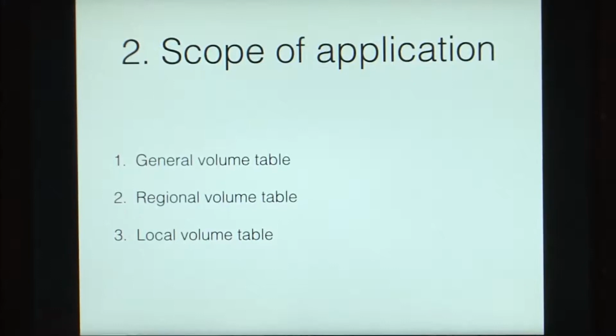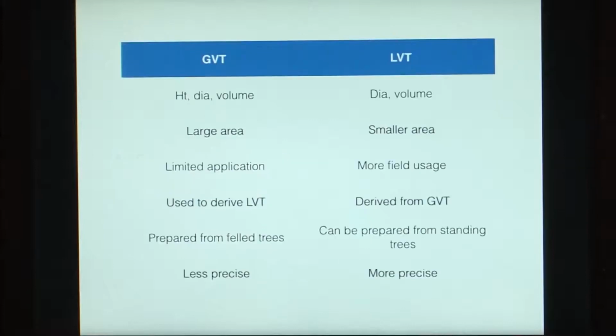As per the scope of application, you can have a general volume table, a local volume table, or a regional volume table. The general volume table is the most generalized table. It will have all your variables and give you all sorts of values. You can use your general volume table to derive a regional volume table or a local volume table. Here are the differences between the general volume table and the local volume table.